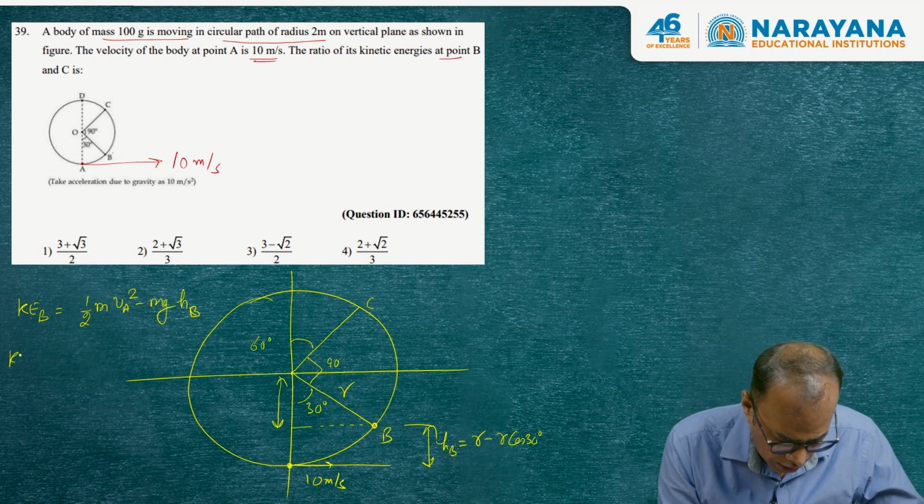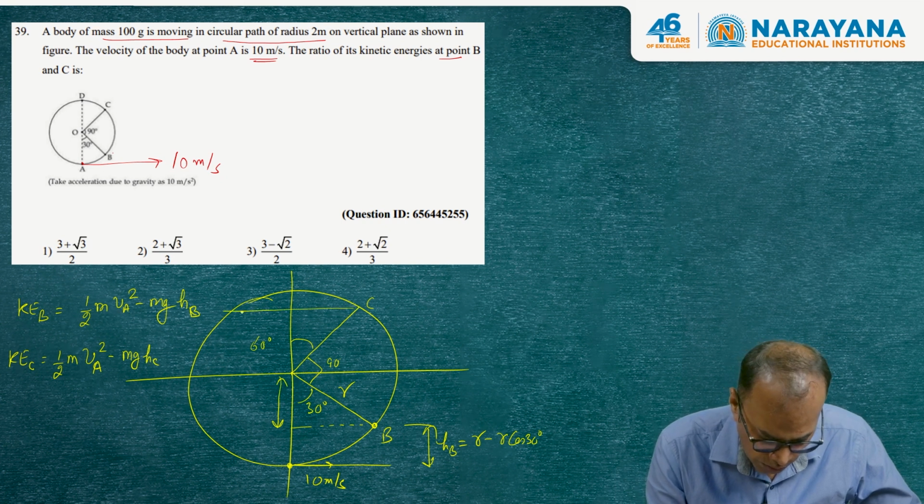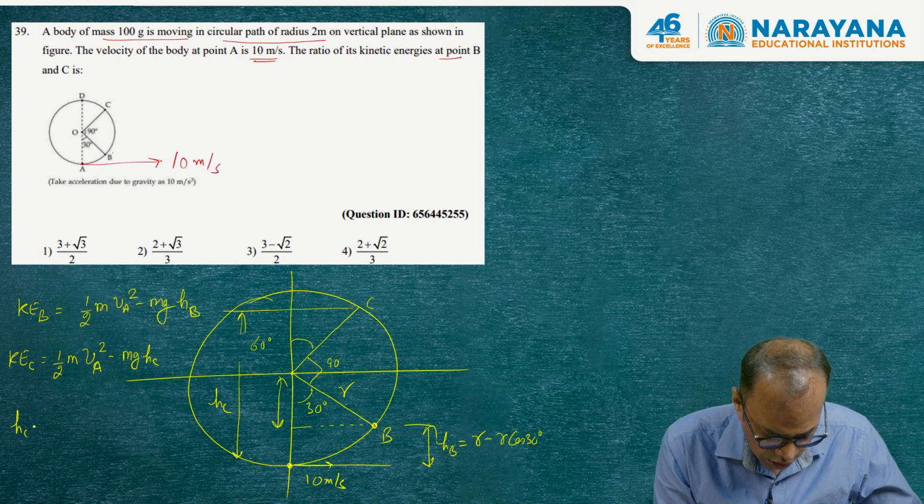And kinetic energy at C will be half m vc squared, which is half m va squared minus mg times hc, and hc would be this height, and this hc would be r plus r cos 60 degree.